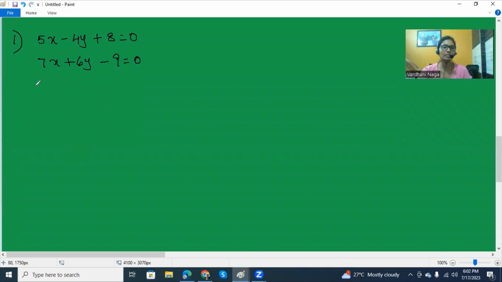Let's compare with the standard form. What is our standard form? A1x plus B1y plus C1 equal to 0, and another one, A2x plus B2y plus C2 equal to 0.